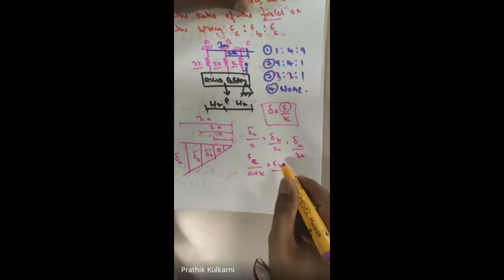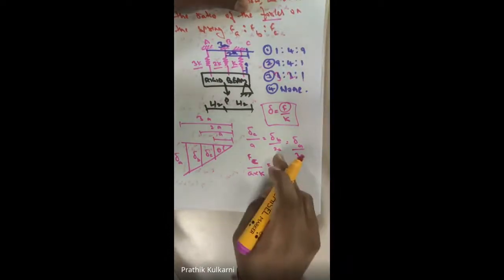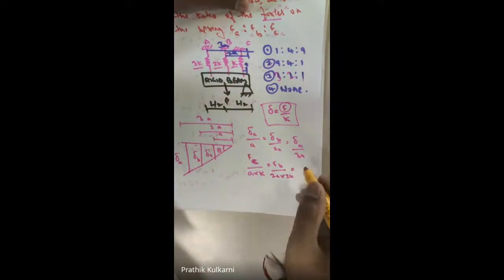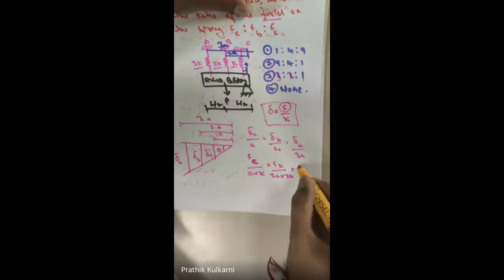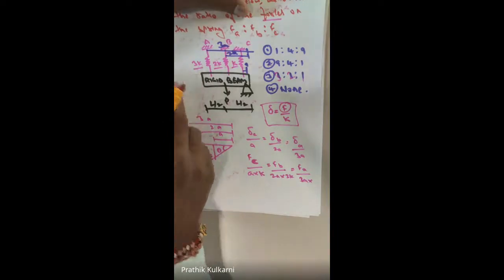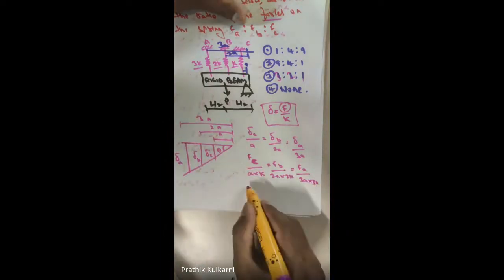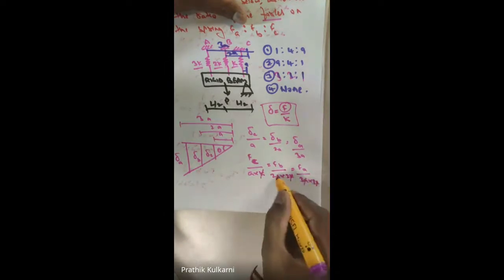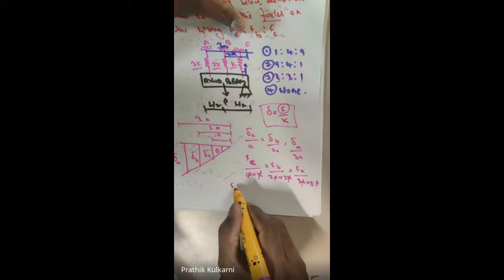So the second force: FB by 2A into the value of K, which is 2K, is equal to delta at A. Delta at A is again F at A by 3A into what is the stiffness at A? It is 3K. Then if you see, K is common, K will go away, A is also common, A will go away. So what are we remaining with?